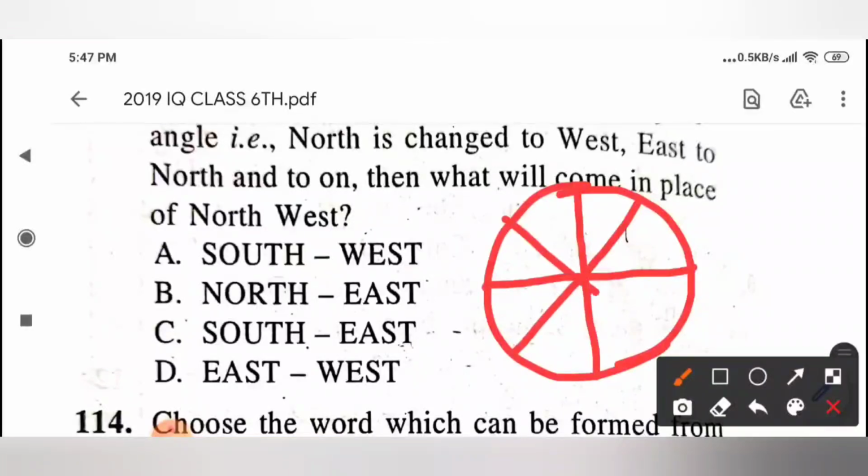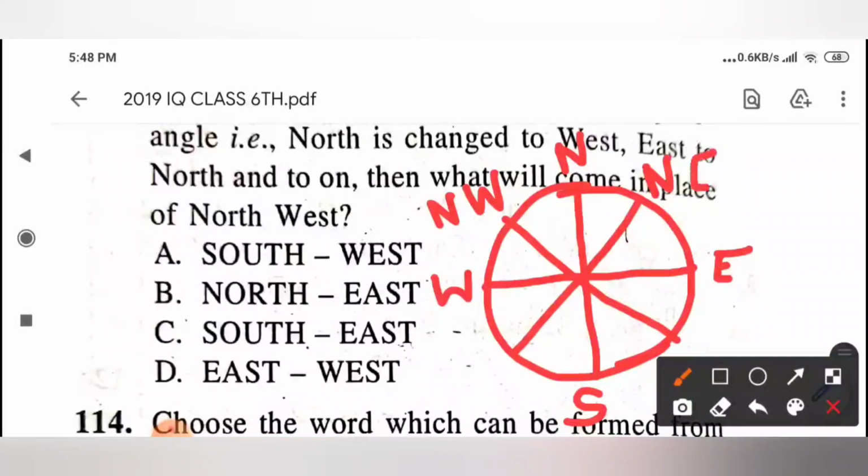I just work out north, east, south, west. This is northwest, this is northeast, this is southeast, this is southwest.